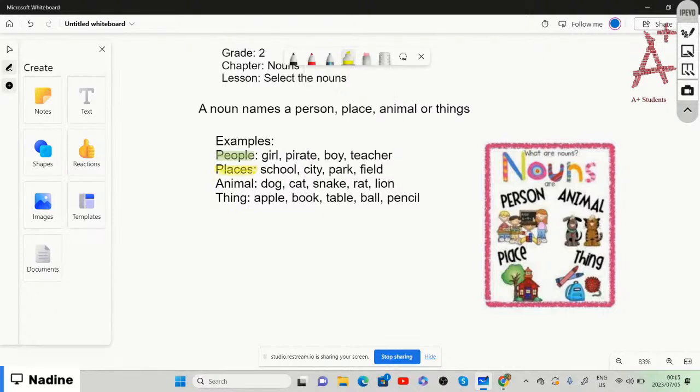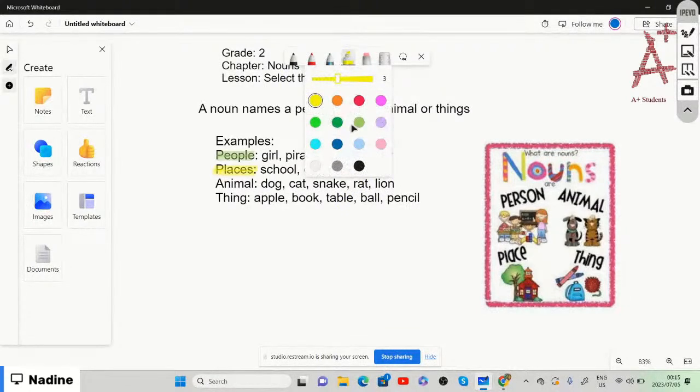It names places, right? So maybe the school is a place, which is a noun. The city that you are maybe living in, or the state that you're living in. And then we also have the park. That is also a noun. The field, right? The kids are running on the field or on the track on the field. We identify that as a place.